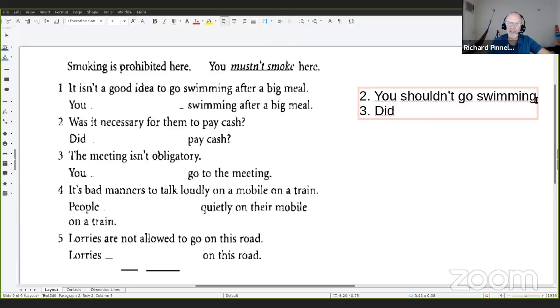So it's did they have to pay cash? Sorry, I messed these up. That was number 1. Number 2. Pensé que el smoking fue el número. Y este es número 3.